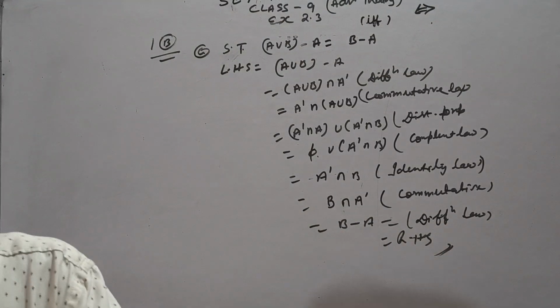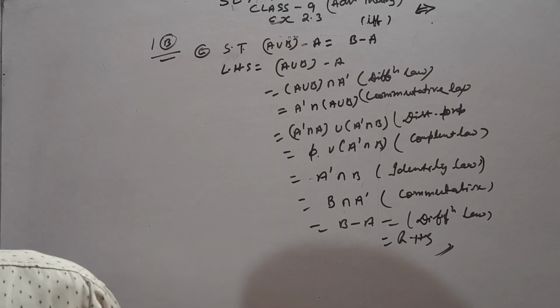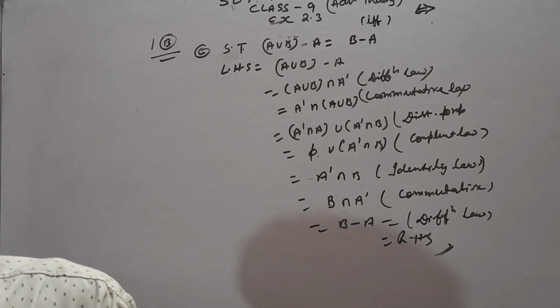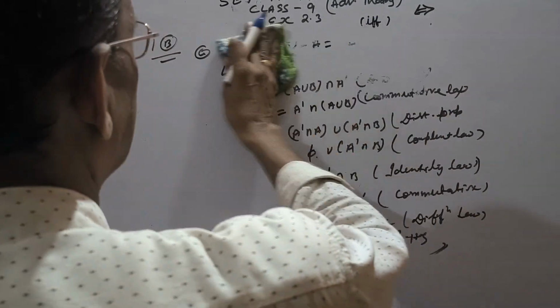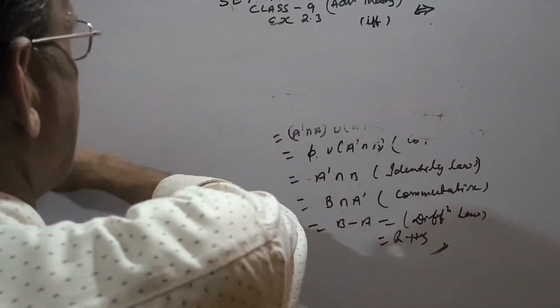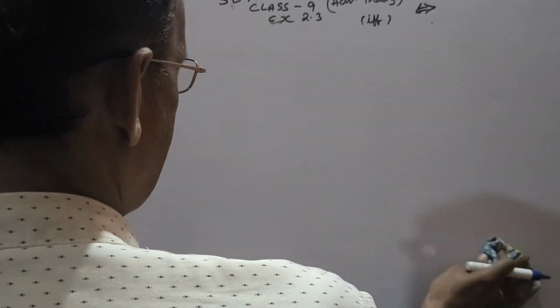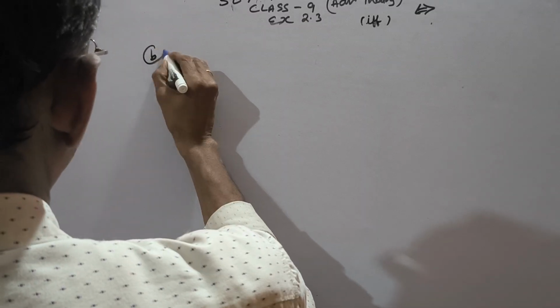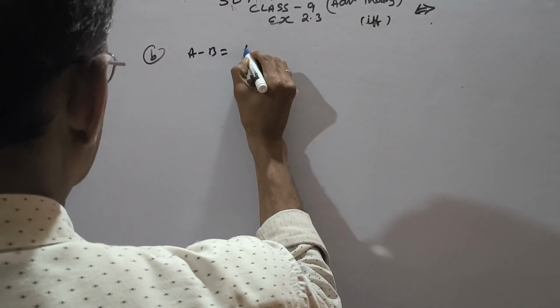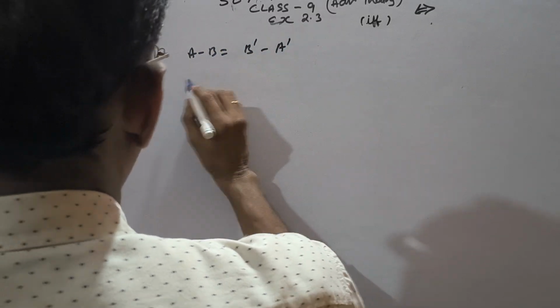Let me see the question. Number D. The question is show that A minus B equals B complement minus A complement.